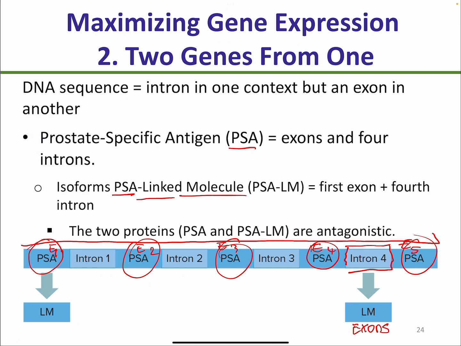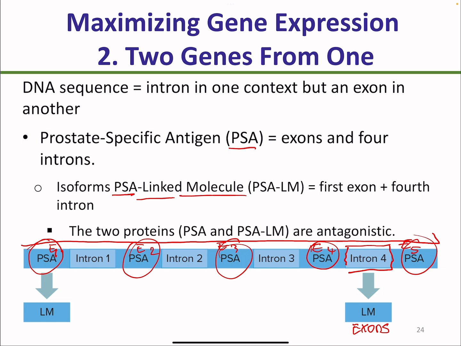Please remember that, right? So the PSA-linked molecule is one gene that is completely not the PSA gene. Understand that, okay?